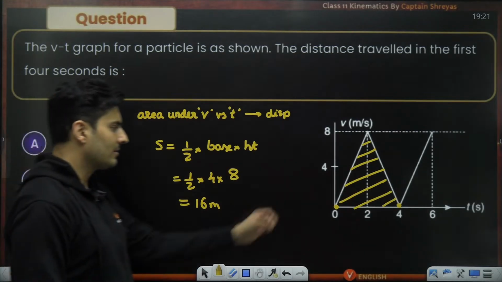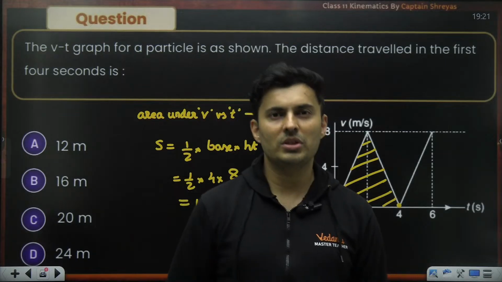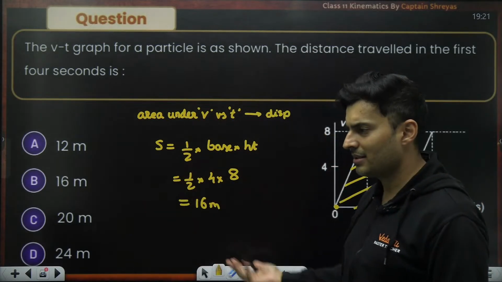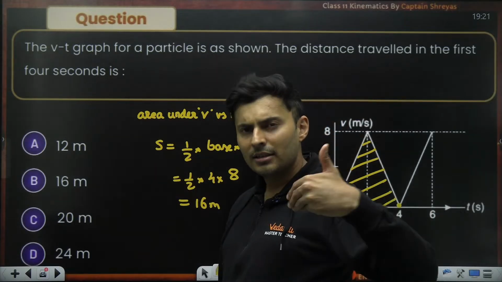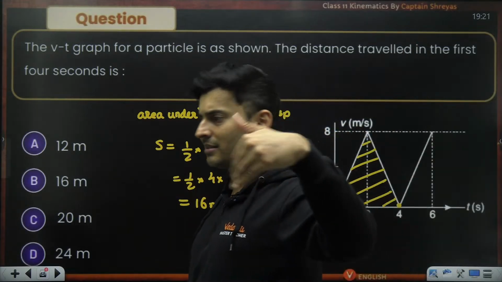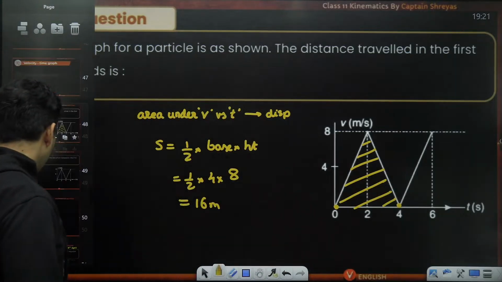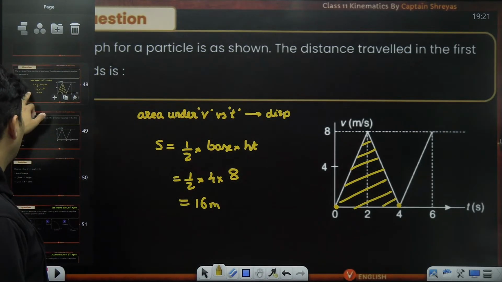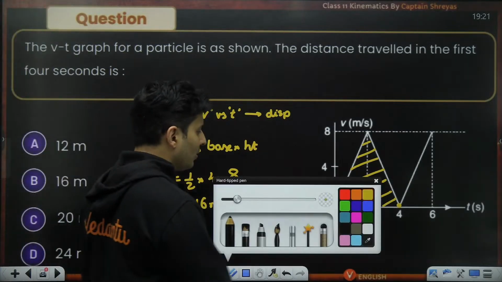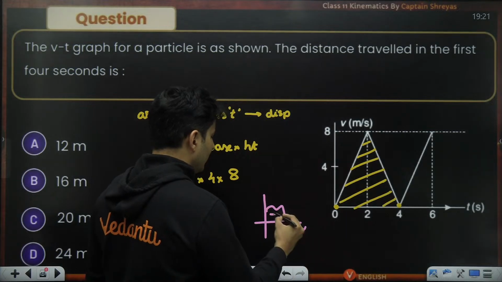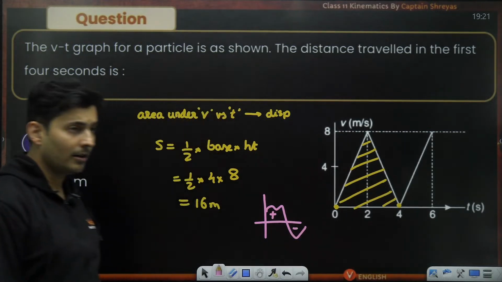Perfect. That's correct. So area under velocity-time gives me the displacement. In this case, the displacement and the distance are equal because it is going in one direction only. It is not reversing. If it reverses, then it would have been much trickier. By the way, remember, if the graph goes below, let's say it is going like this, this is positive and this is negative area.